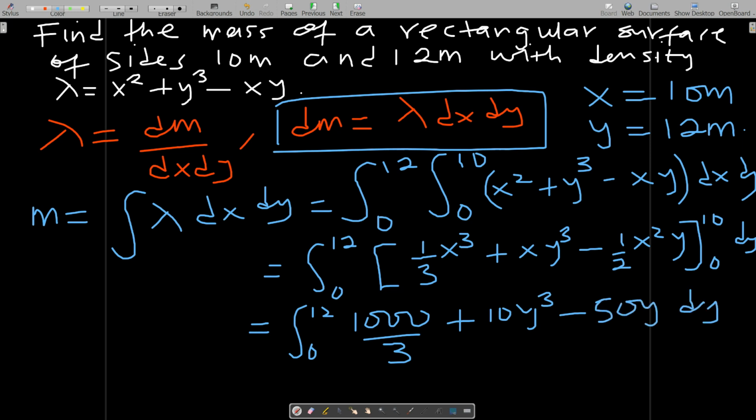Now when you are in 1D like this, you can punch it on a calculator, or you can still go through it step by step if you want. But for time's sake, let's do this on a calculator, but if you go through step by step, you'll be able to get it.